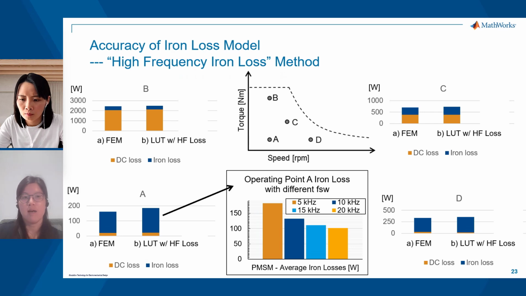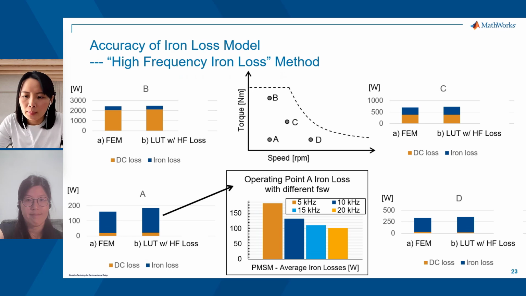Therefore, we see the lowest iron losses with the 20 kHz switching frequency. The point of this chart is that we did this study using MATLAB Simulink Simscape. So using the system level simulation tool, we can investigate how iron loss will be affected by the inverter's specification. I see, that makes sense. Yeah.